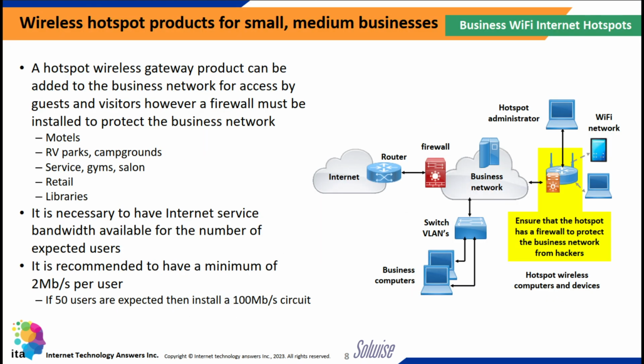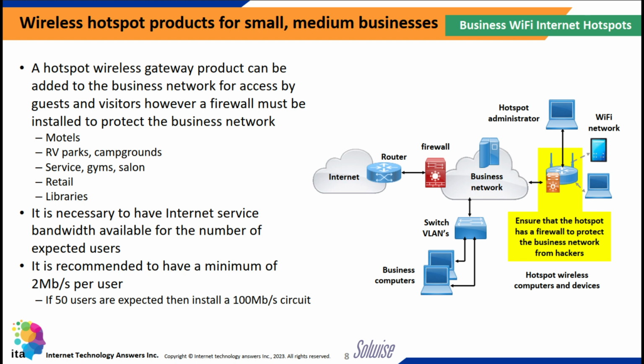So a little bit of detail, the business Wi-Fi hotspots. In the smaller installations, they can install a wireless product which provides the login page and can also provide any type of access control. And this is the motels, gyms, libraries. Libraries are a big customer for this type of service.